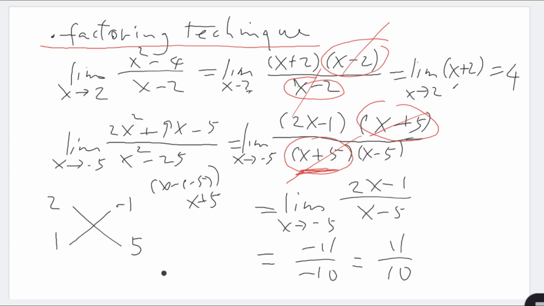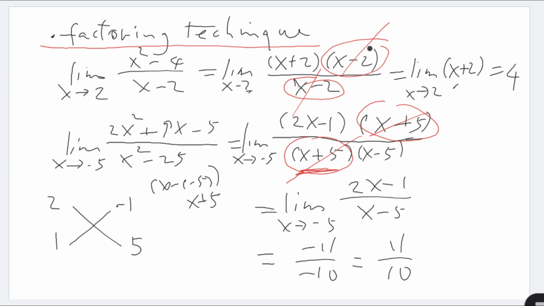So this is how we try to apply the factoring technique to get rid of the troublemaker. In the beginning, when we tried to plug in directly, we could not, because the denominator becomes 0. Actually, we can tell x minus 3 is the trouble factor.